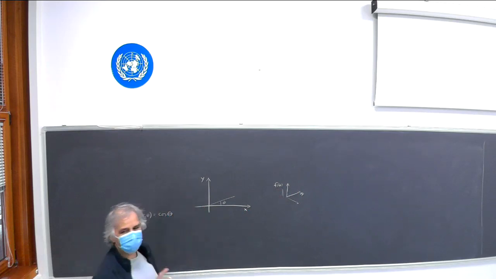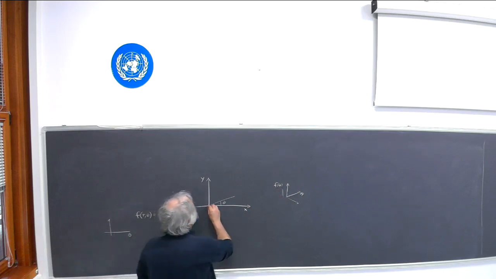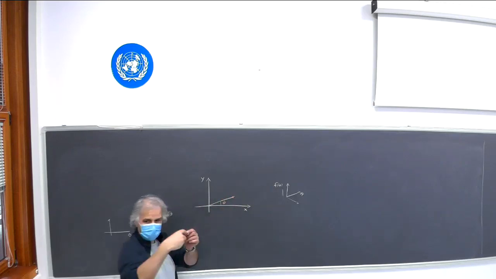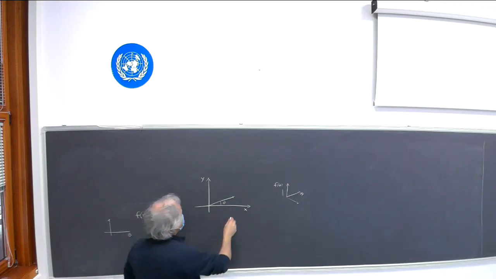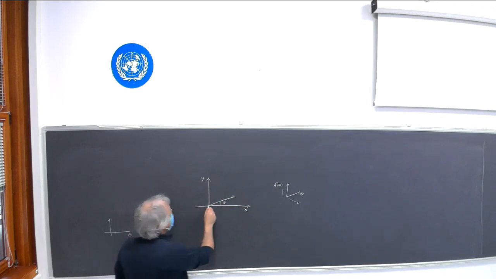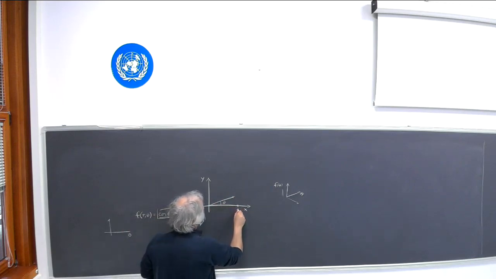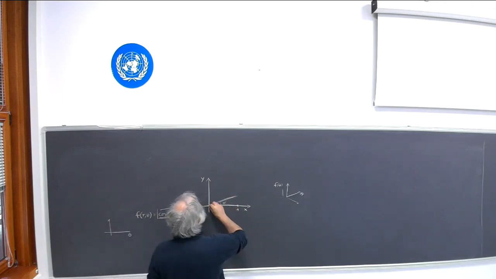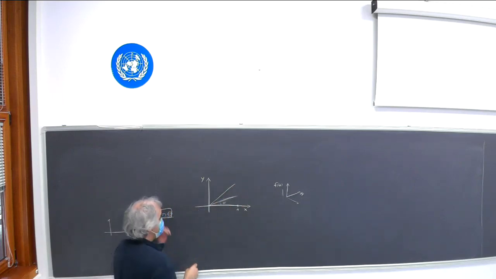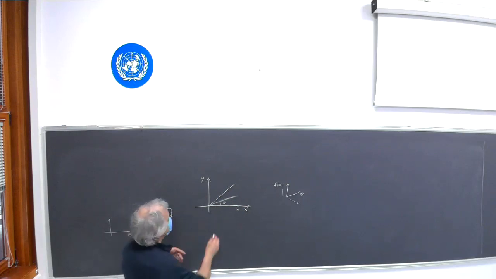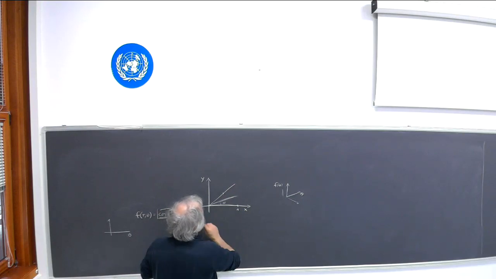I have a further possibility. Let me plot the function by showing a little piece of stick, which has this length. So for theta equals 0, the length is 1. For theta equal to 45 degrees, the length is square root of 2 over 2, 0.7, something here.